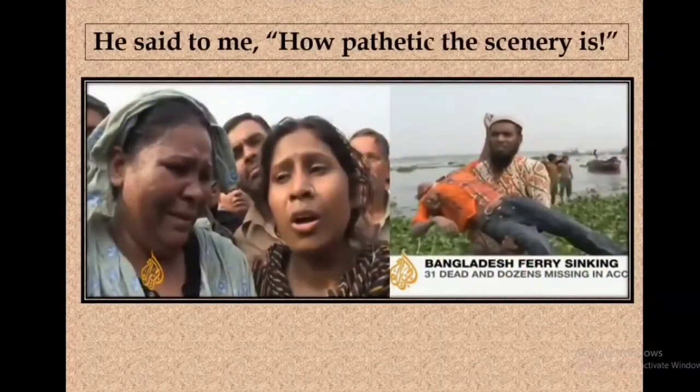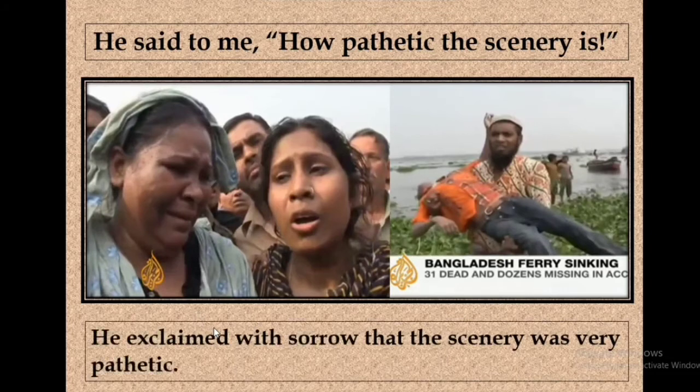My dear students, we are going to practice some more examples. He said to me, "How pathetic the scenery is." Here, the reported speech is "how pathetic the scenery is." You can understand that this reported speech expresses sorrow.